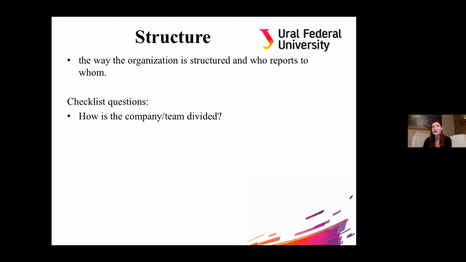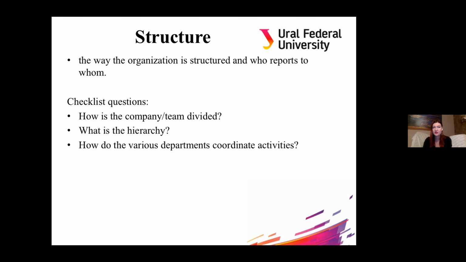For me, it's an extremely important question because soft skills really depend on this element. Is there some team in the company? What is the hierarchy? How do the various departments coordinate activities and how do they mix with each other? How do they cooperate with each other?